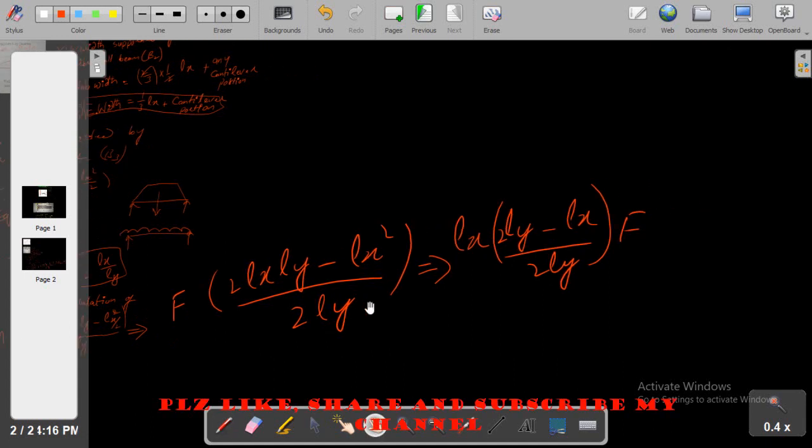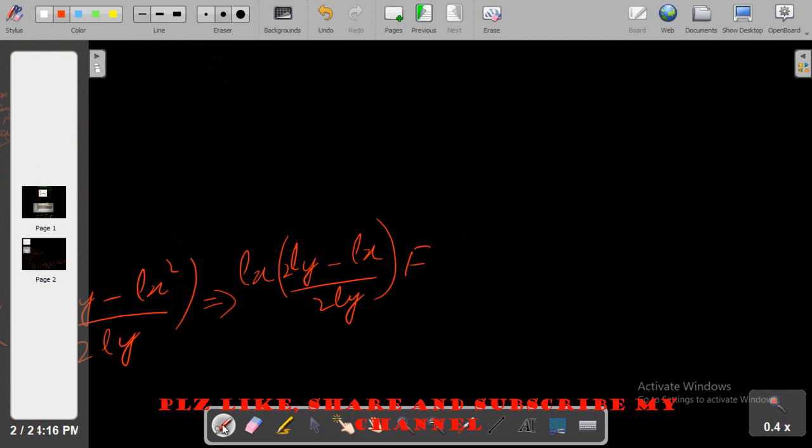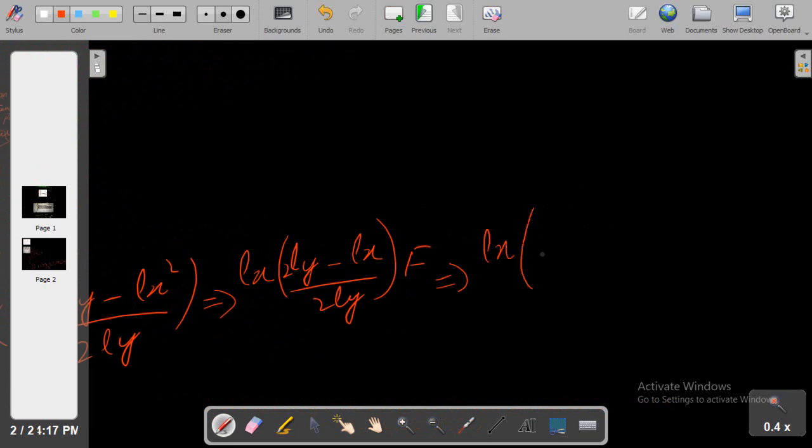Now we just divide this 2 Ly by this one, so we get Lx into 1 minus Lx divided by 2 Ly, into f.